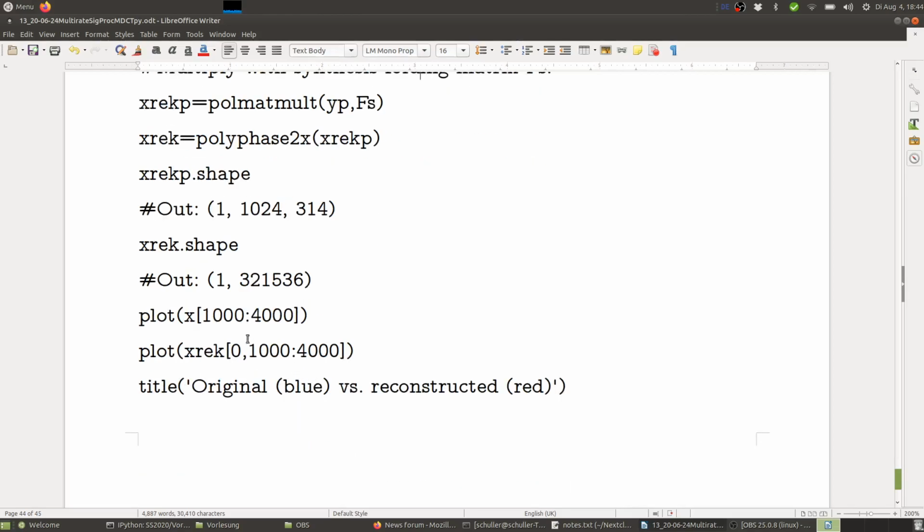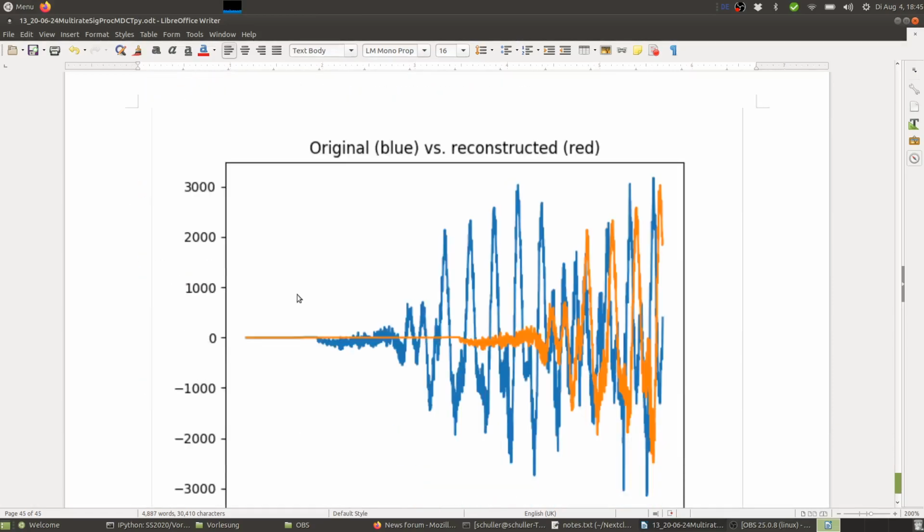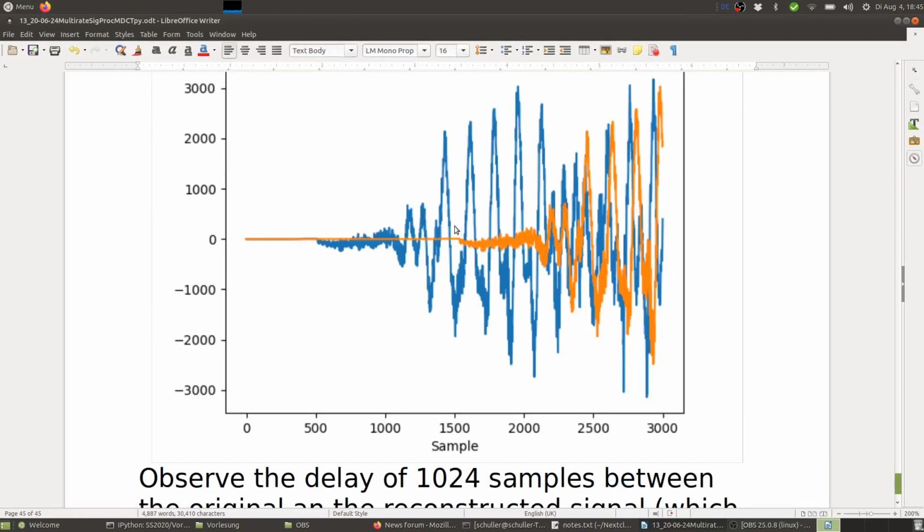Here we can plot part of the original, and then the reconstructed, taking the same sample numbers, and we can plot the difference. You can see the original in blue and the reconstructed in red. And you can see indeed we have this shift of 1024 samples between the original and the reconstructed.